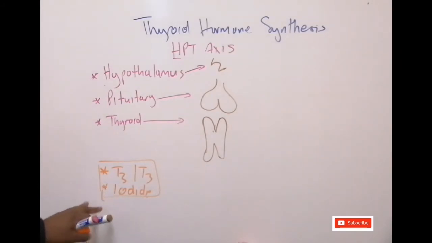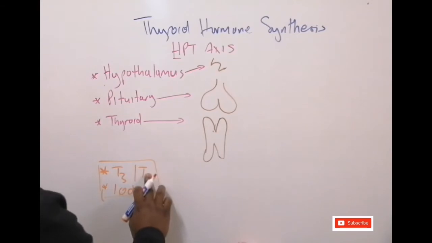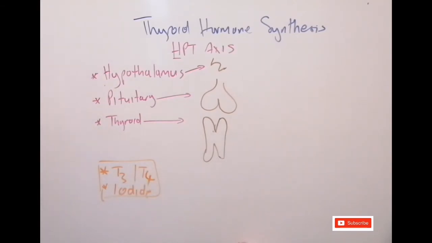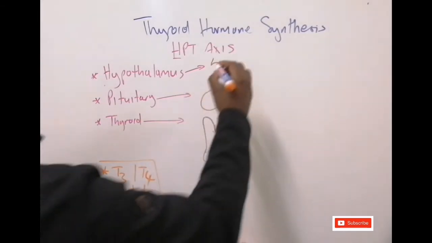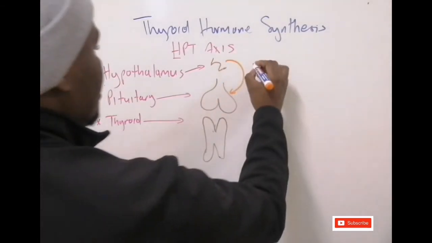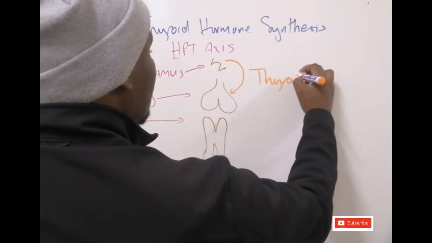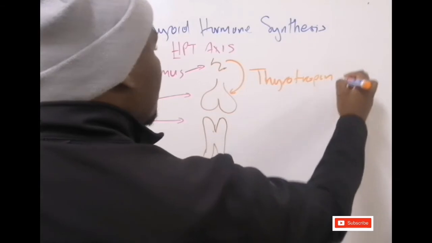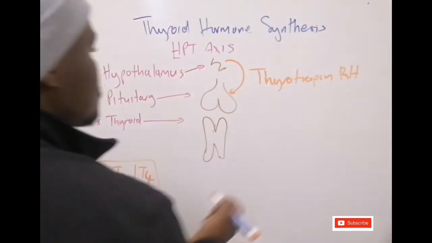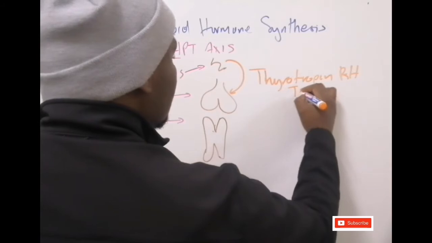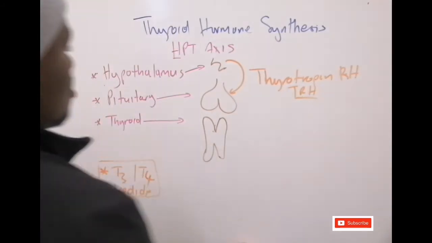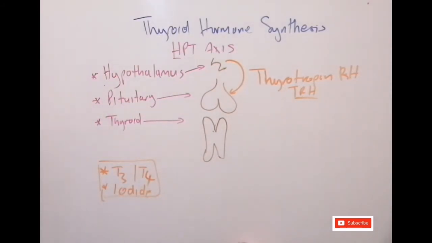When you've got this reduction in T3 and T4, or a reduction in iodine in the body, the hypothalamus will sense that and it will secrete TRH, which is thyrotropin releasing hormone. TRH in short.